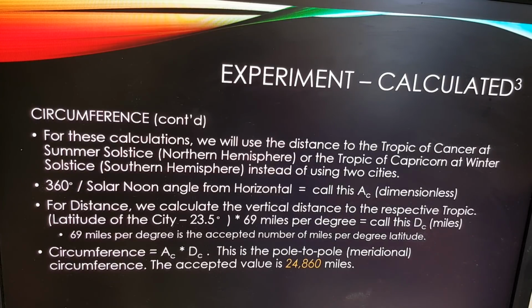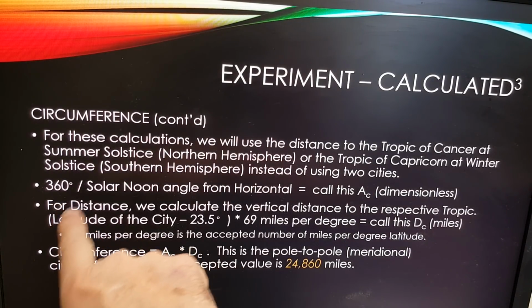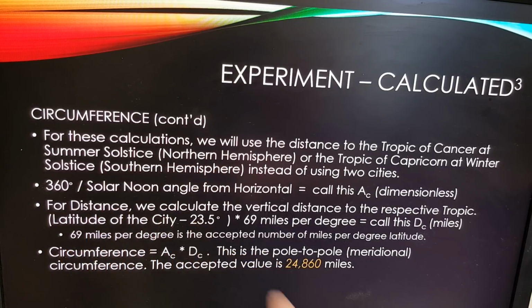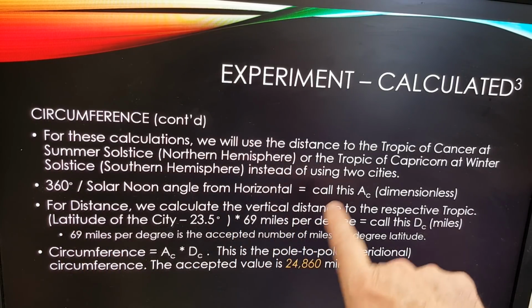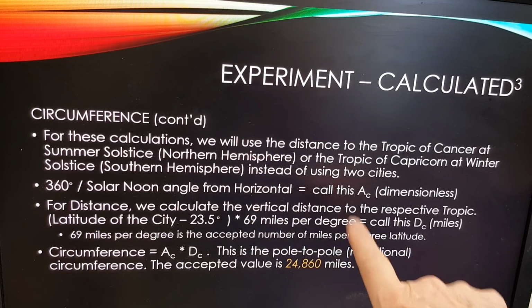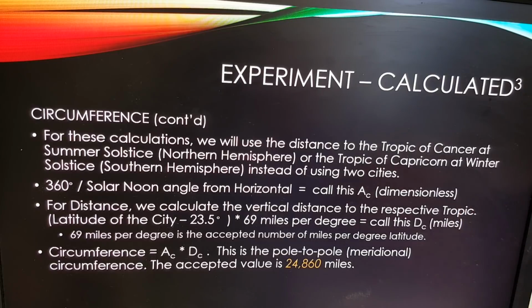So then I skipped one. We have the 360 degrees divided by the solar noon angle from horizontal. So this is degrees and degrees. When we divide those two, I'll call that A sub C, and it's a dimensionless number.